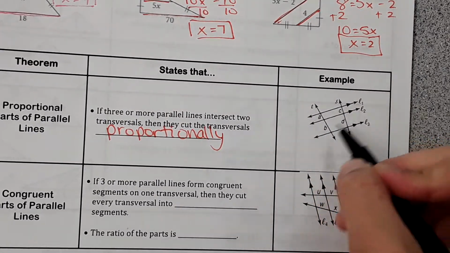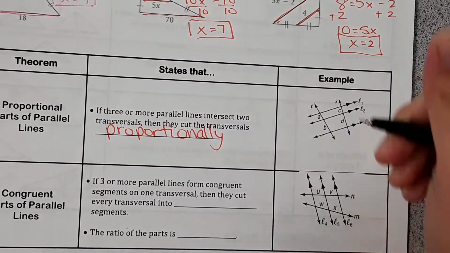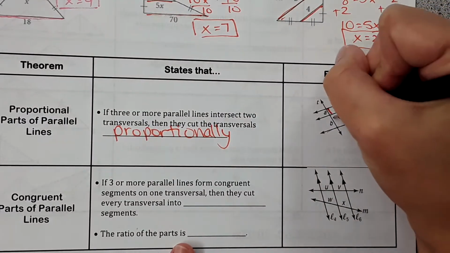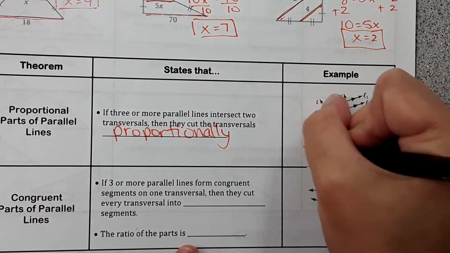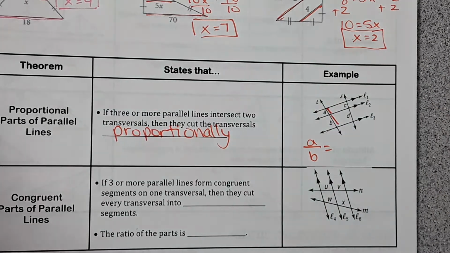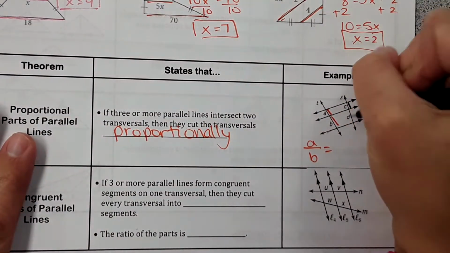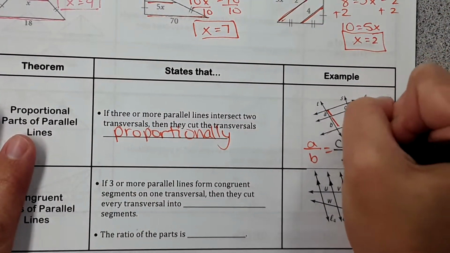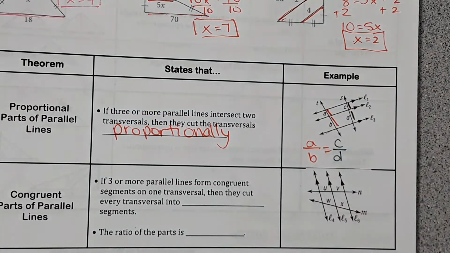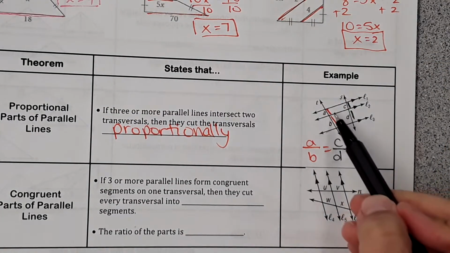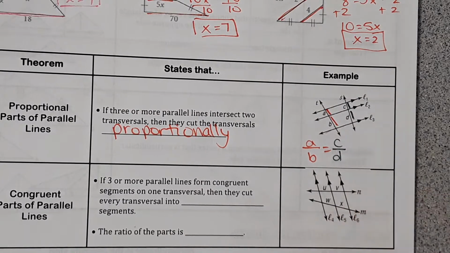It shows the 3 parallel lines here and the transversals. The proportionality happens here. A to B equals C to D. And yes, A over C would also equal B over D, so you can do it that way as well.